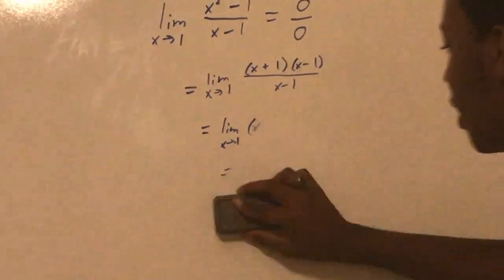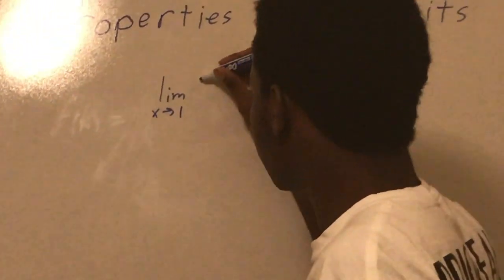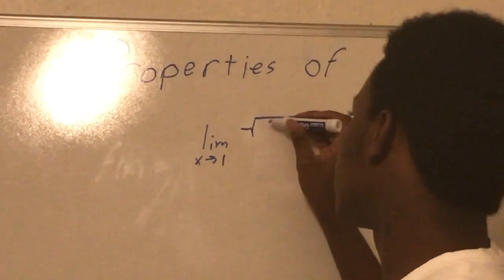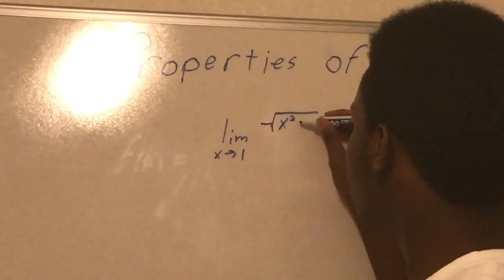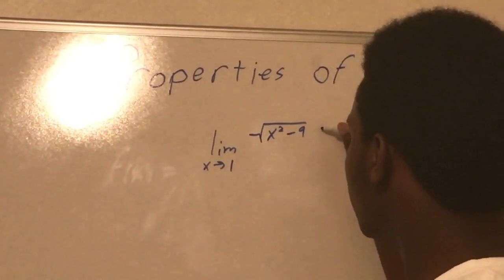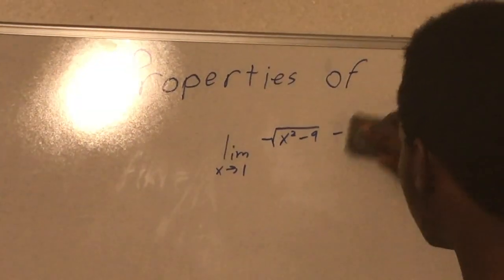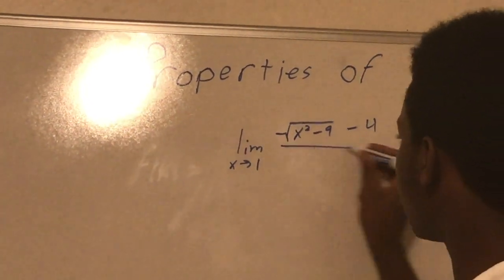And so another example that we might see would be something like the limit as x approaches 0 of the square root of x squared minus 9 minus 4, over x.